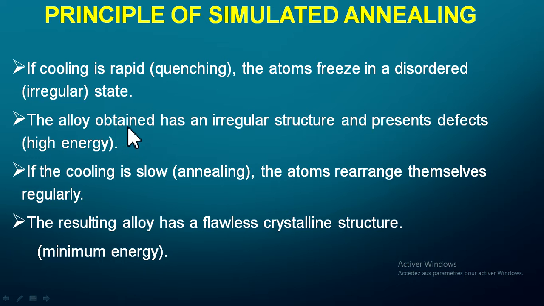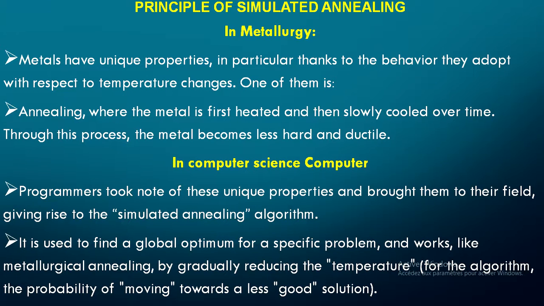The metal obtained has an irregular structure and presents defects. If the cooling is slow, annealing, the atoms rearrange themselves regularly. The resulting metal has a flawless crystalline structure. So, we have a minimum energy.